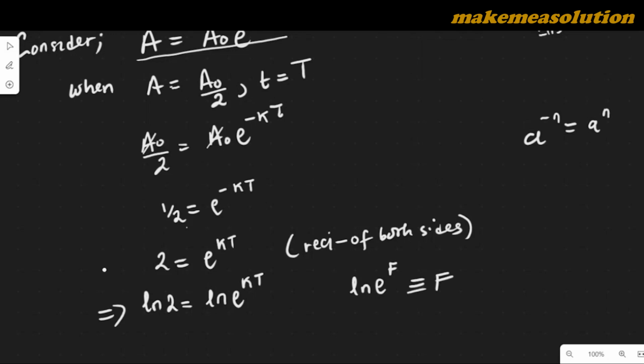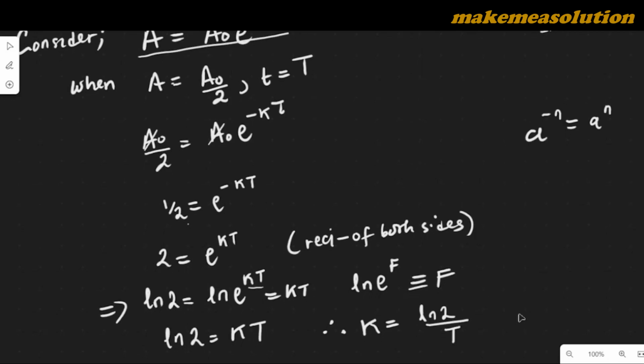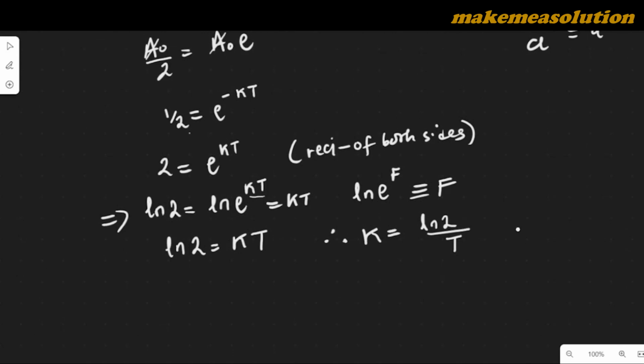So ln exponential kt here actually gives me kt. So invariably ln 2 is equal to kt. If ln 2 is equal to kt, k is equal to what? Thank you very much. Ln 2 over t. So this is how we have obtained our proportionality constant.